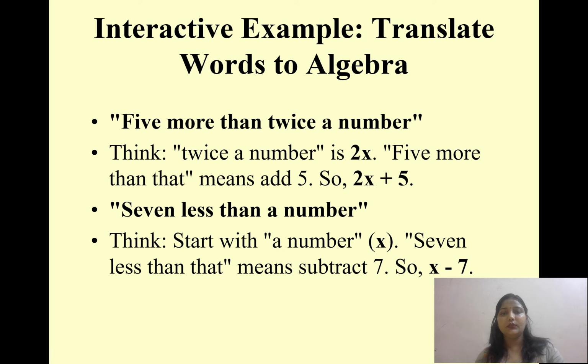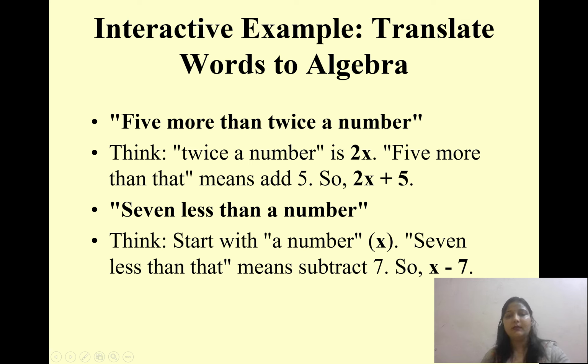You will suppose we don't know what the number is. The number may be anything, 5, 4, anything. You will assume the number is x, so twice is 2x, and 5 more than twice, so you will add 5 to that number. It means 5 more than that means add 5, so the number will become 2x plus 5.